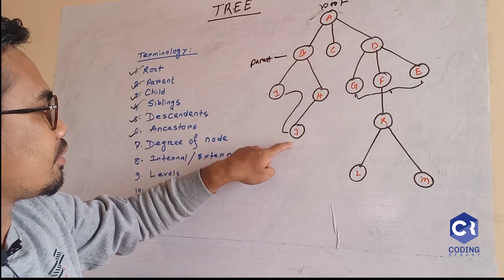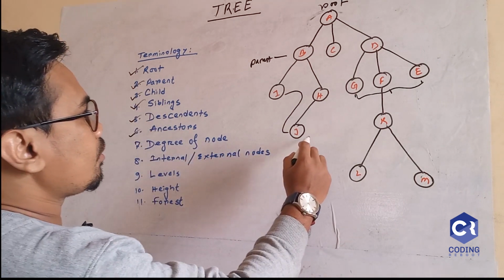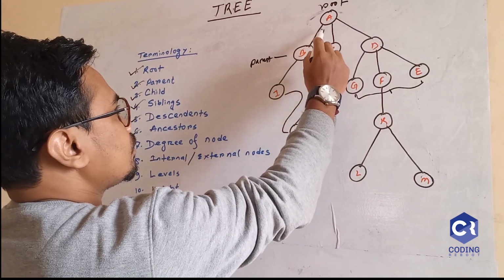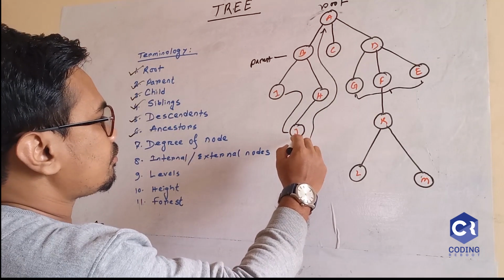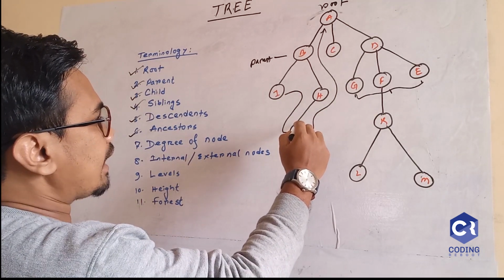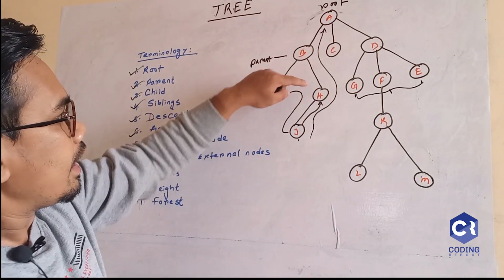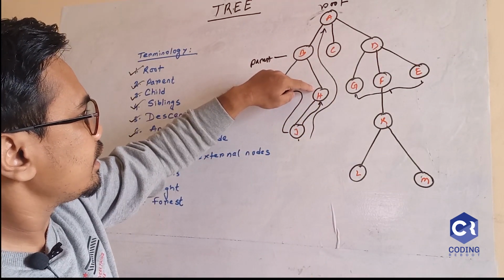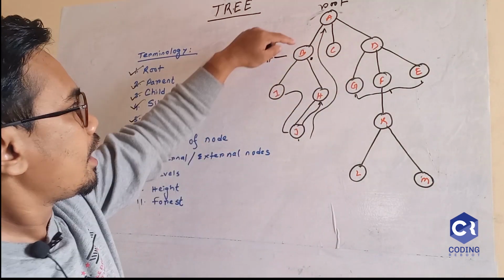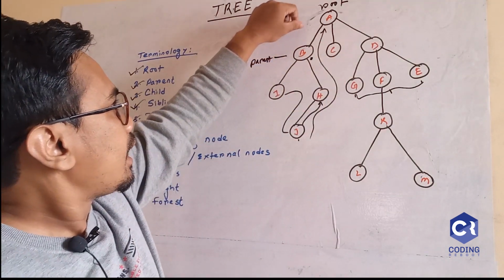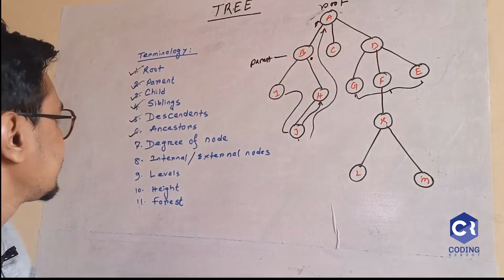From node J, we can go back to the root node. For J, its immediate ancestor is H, and for H, its immediate ancestor is B, and for B, its next ancestor is A, which is the root node.